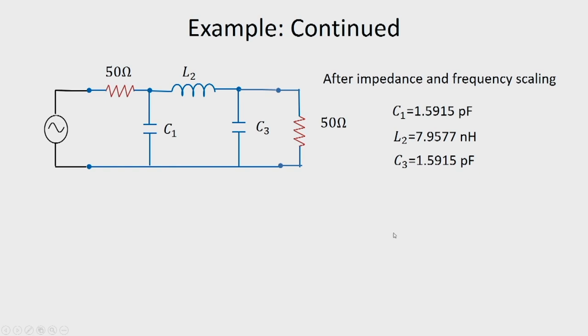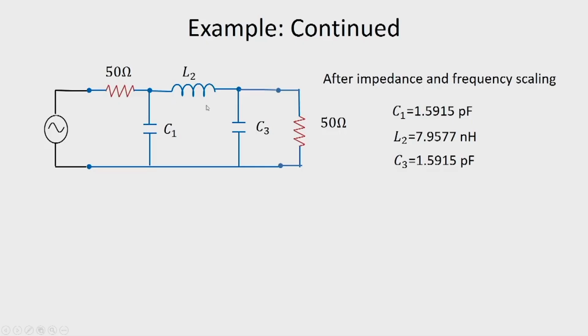So, this completes the design of the filter, determining the values of inductances and capacitances that would be required to get an attenuation of at least 15 dB at 4 gigahertz.